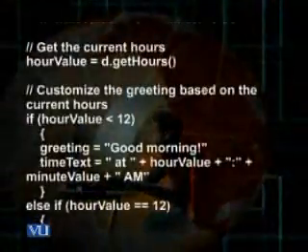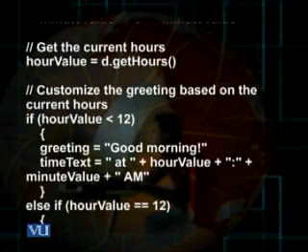So 20 hours, 23 hours, 16 hours, etc. But I want these hours to be written for me in terms of AM or PM, like 4 PM, 2 AM, etc. So you can see again in the slide, get the current hours, then hourValue equals d.getHours. That shows that the hours which are lying on the system, that value should be assigned to the variable called hourValue.